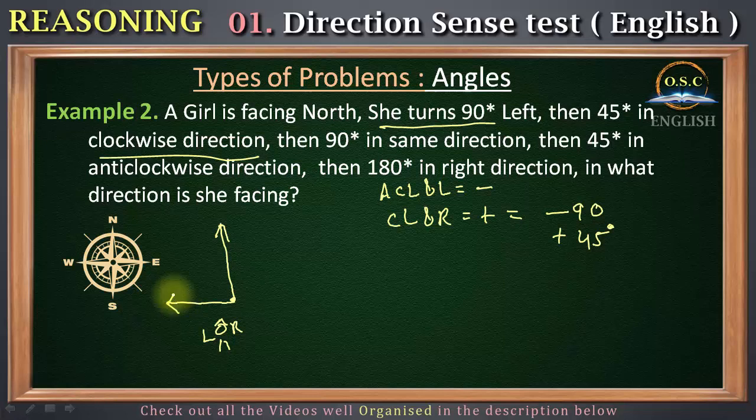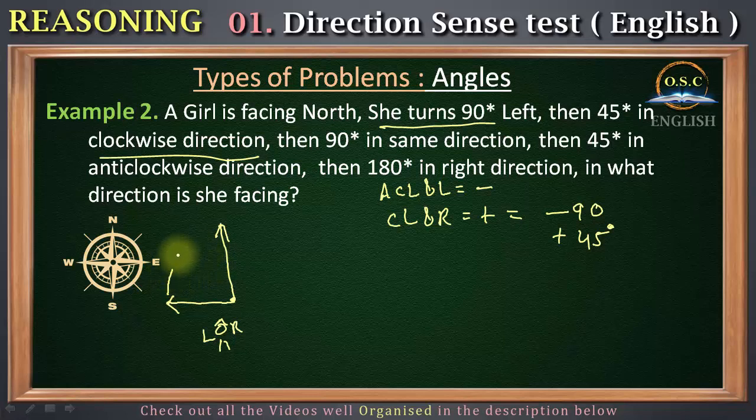If in clockwise direction, what she does is 45 degrees. Just a minute. First she was turning towards north. She turned this direction, and what she does is 45 degrees in clockwise direction. Clock always moves in this direction, right? So next she turns 45 degrees in clockwise direction.